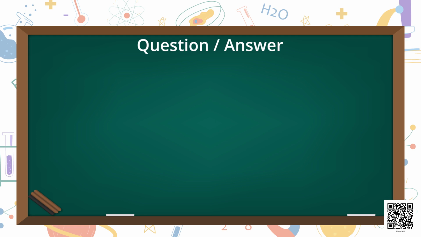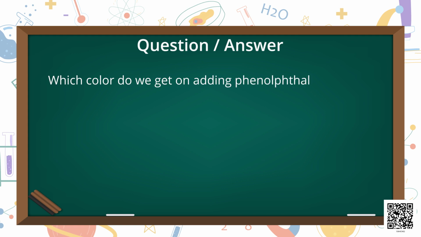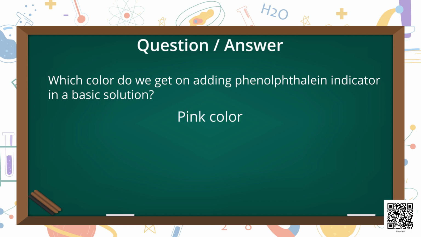So, here is your first question. Which color do we get on adding phenolphthalein indicator in a basic solution? Yes, you should be very quick in answering this question. And the correct answer is pink color.